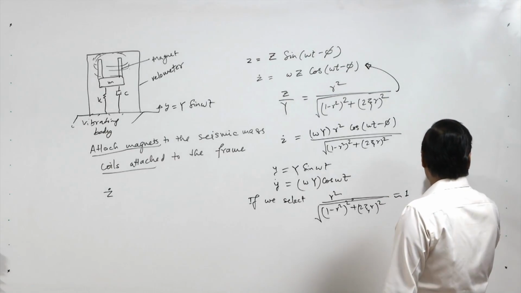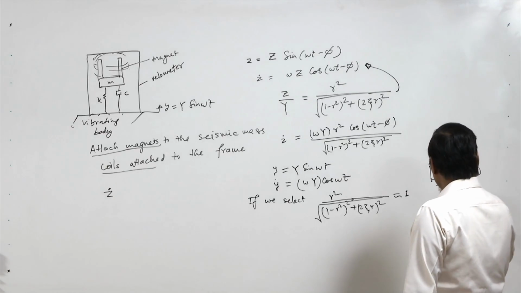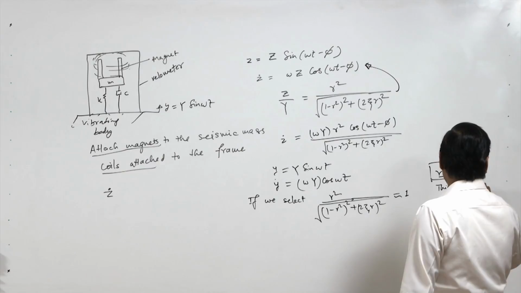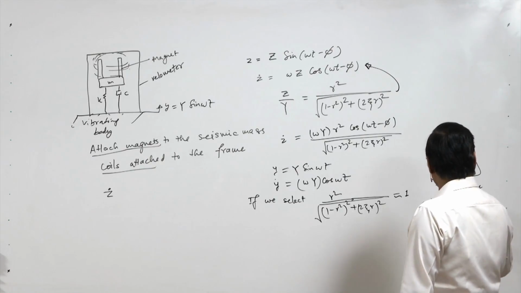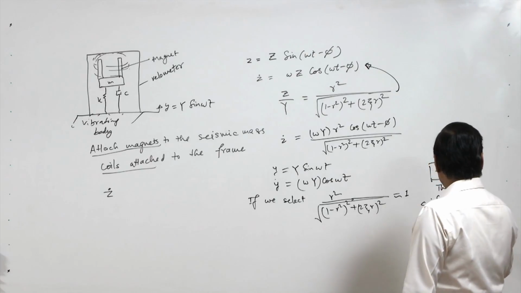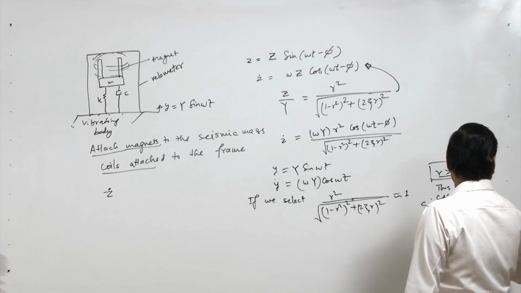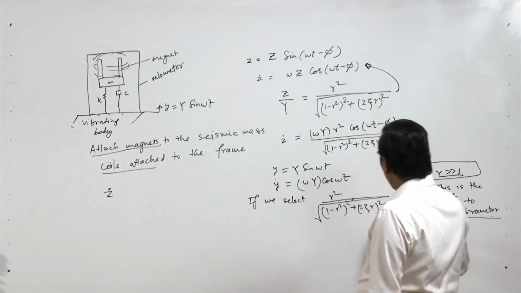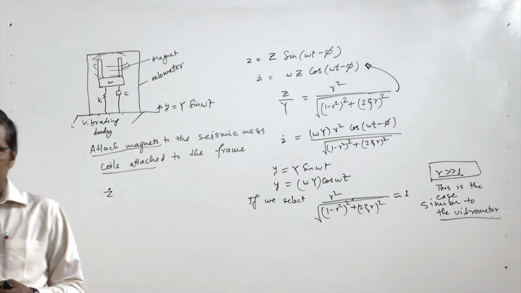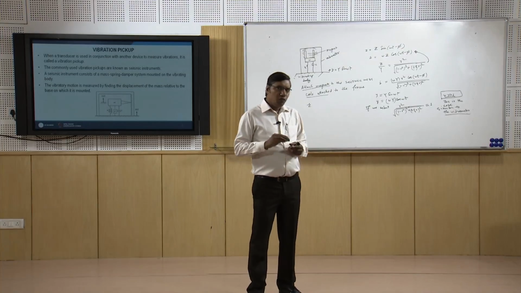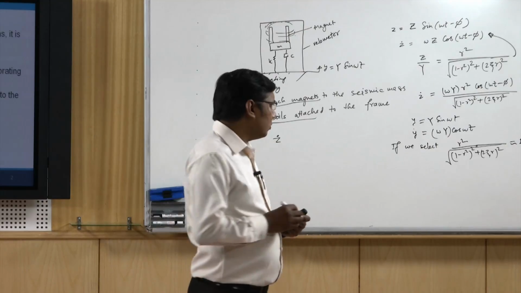So it is possible for R much greater than 1, and this is similar to the case of the vibrometer. As in the case of the vibrometer, we had taken R much greater than 1, while in the case of accelerometers we took R much less than 1.